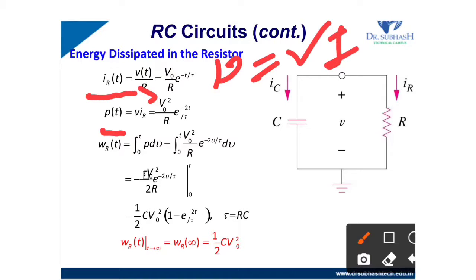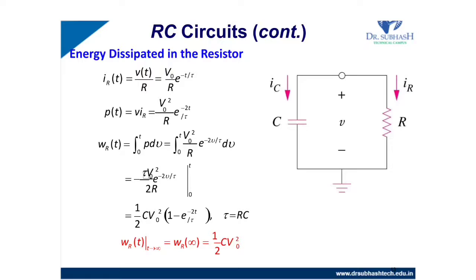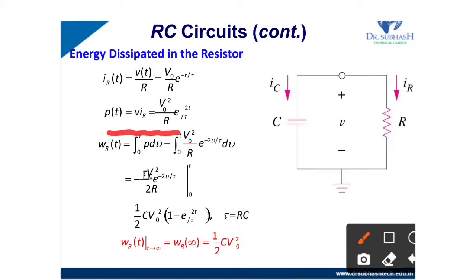So p of t equal to V multiplied by iR, or V squared by R. Here we will use i equal to V by R. So power equal to V squared by R. So p of t equal to v0 squared multiplied by e raised to minus 2t upon time constant, divided by R.